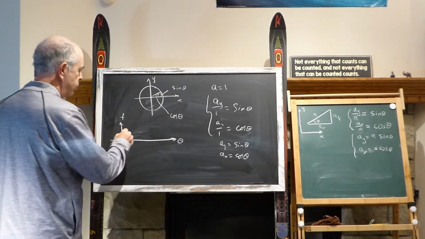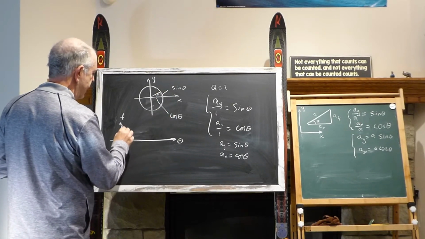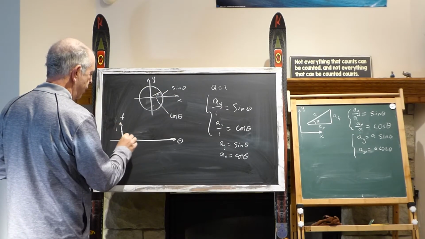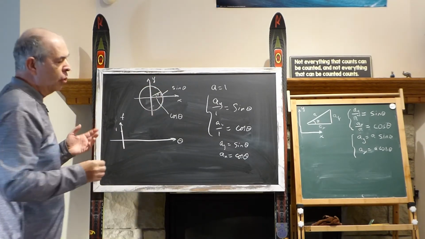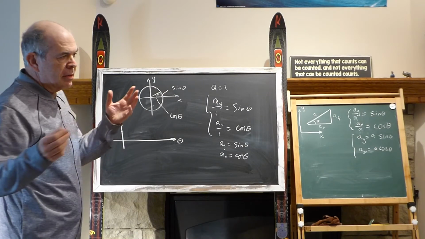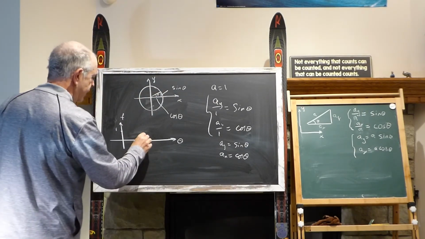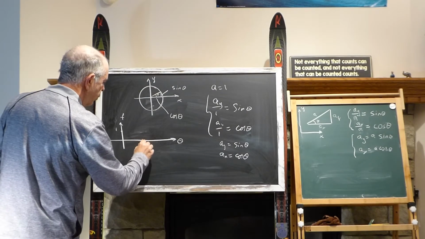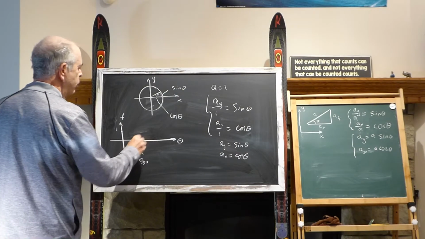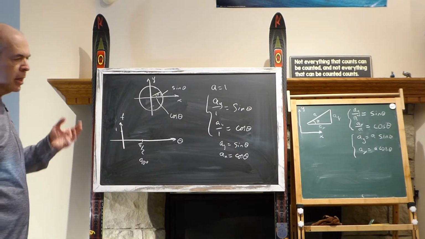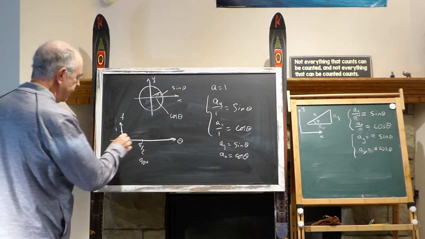So what I'm trying to say, if theta equals 0, this becomes cosine 1, and this becomes 0. And if I turn it to 90 degrees, but no one is doing it in degrees, because degrees are arbitrary, they're doing it in radians. And this is pi over 2, which is exactly like 90 degrees. And pi over 2 is 3 over 2, 1.57 something.